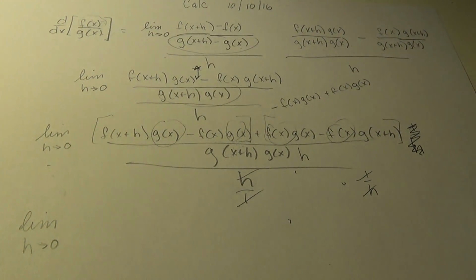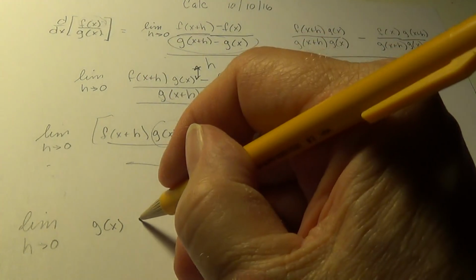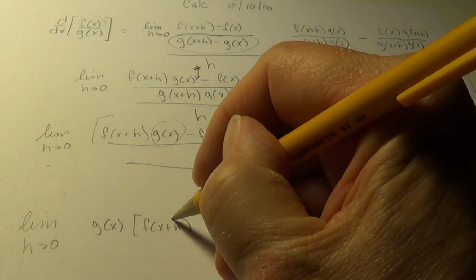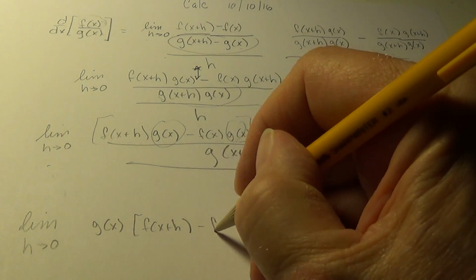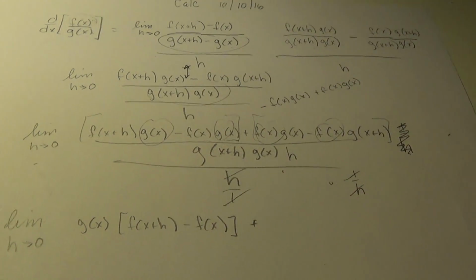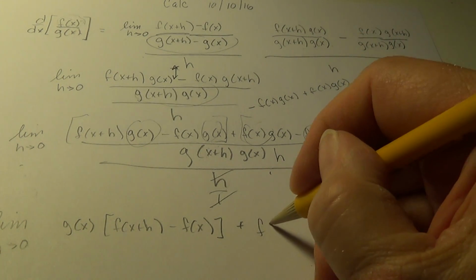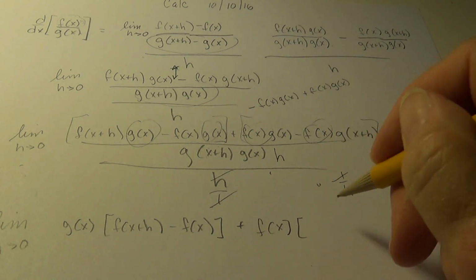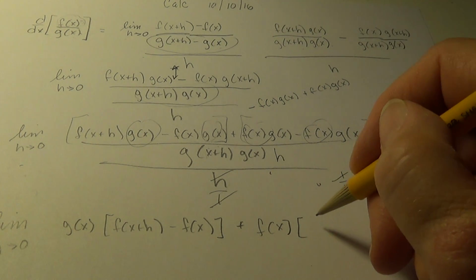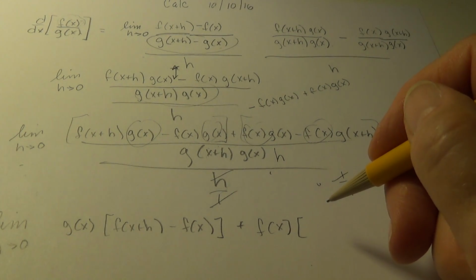All right, so I'm going to take the g of x out of the first two terms, and that leaves me with an f of x plus h minus an f of x. Over here, I promised to pull out the f of x, and that leaves a g of x. Let's see.